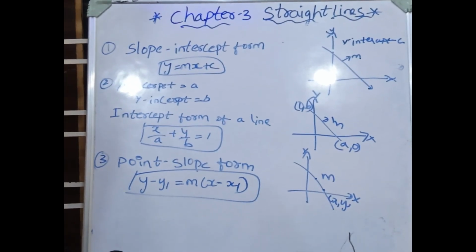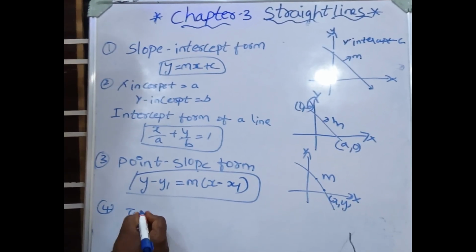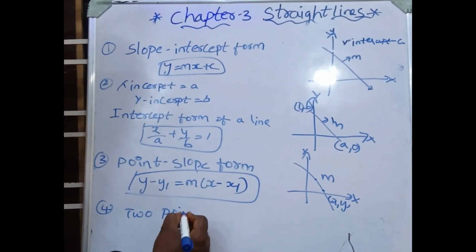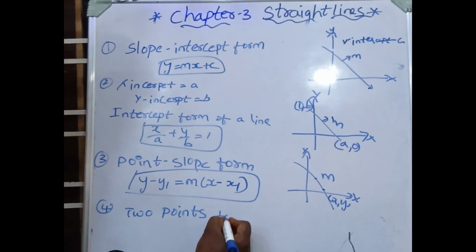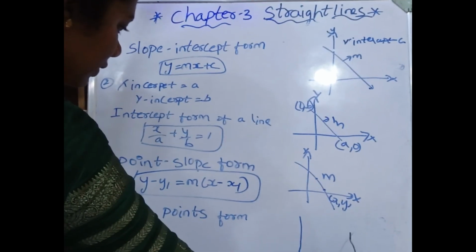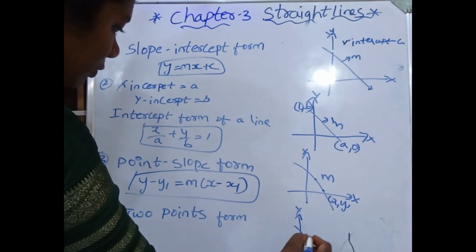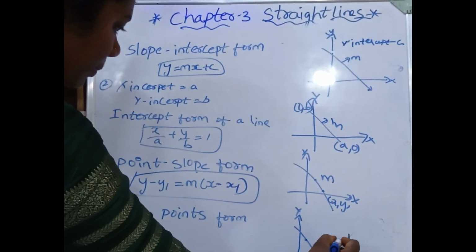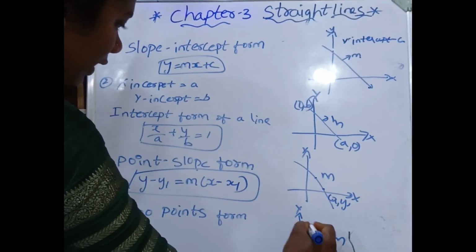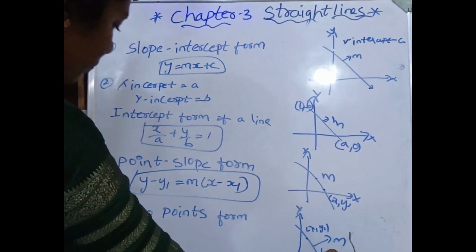Next, the two point form. This is the x-axis and this is the y-axis, with a line of slope m. Consider the points x1 comma y1 and x2 comma y2.